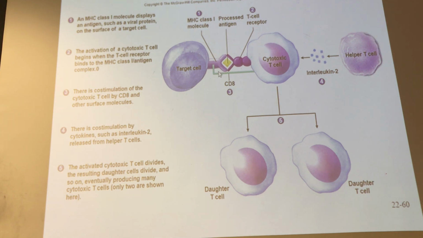The worst thing that could happen is if you have a virally infected cell with a very mild level of infection where you're not producing a lot of the protein for the virus. What happens then? Well, if you're not producing a lot of viral protein, you might not display viral epitopes in the same numbers.